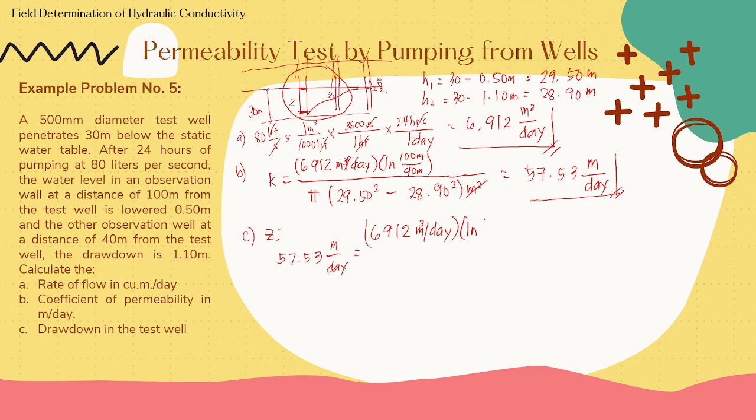So this is equal to 40 meters all over the, since our test well is 500 mm in diameter, we can write 0.25 meters, or just the radius of the test well.